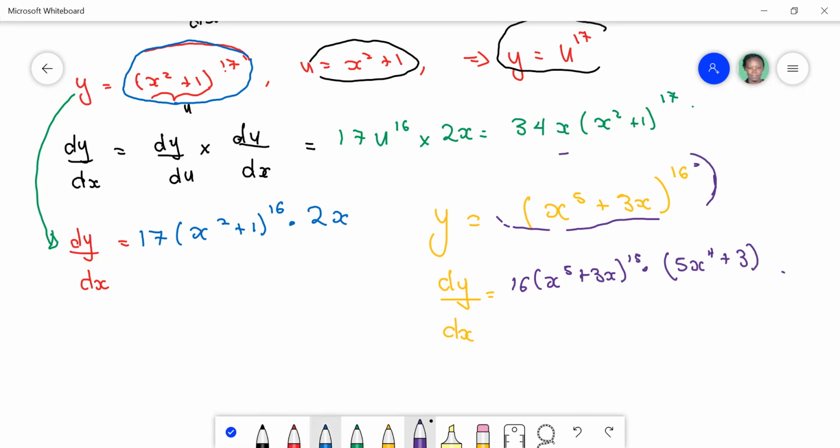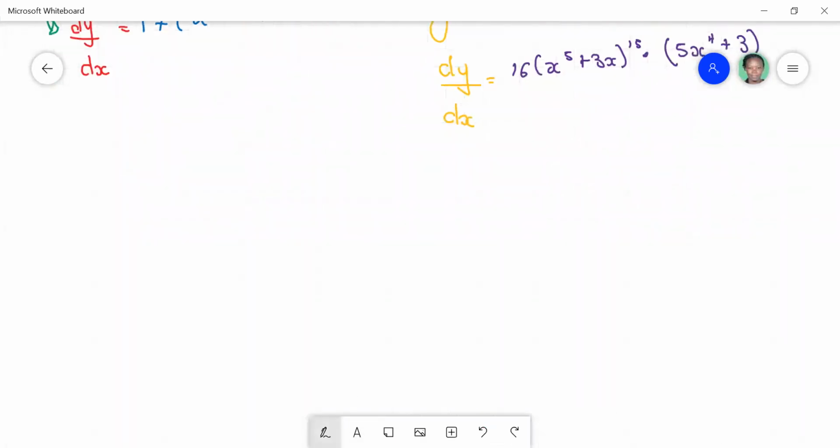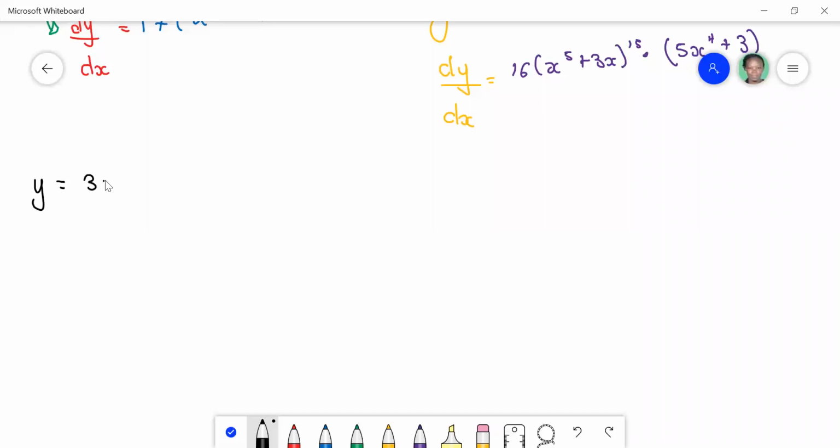Okay, so another example. I'm taking my time here. Another example is having y equal to (3x squared minus 5) cubed. I want to find dy/dx.